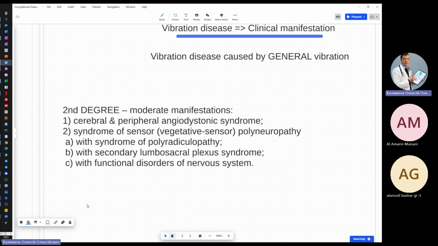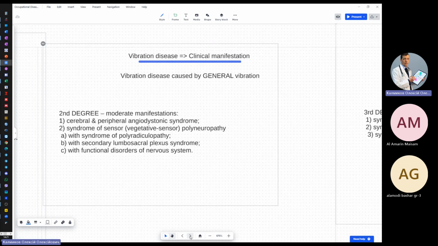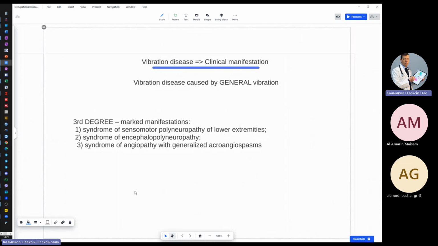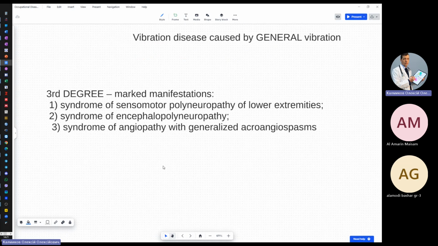Here we have polyradiculopathy, or even secondary lumbosacral plexus syndrome. And in general, there are multiple functional disorders of the nervous system. And then the very advanced third degree of vibration disease caused by general vibration.